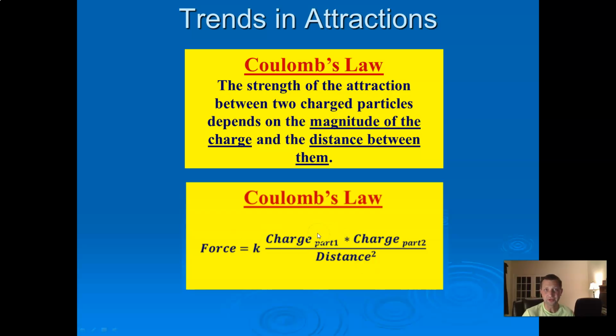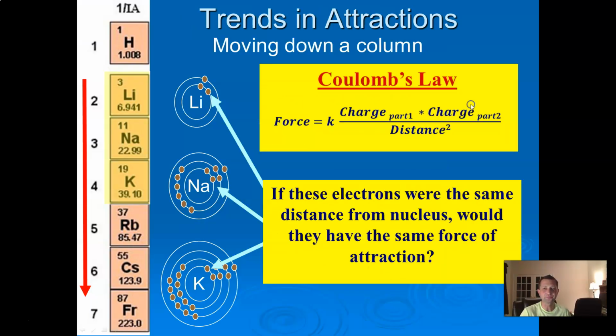If you triple your charge, you're tripling what you have in the numerator. But if you triple your distance, now you're tripling that squared. So it's a factor of 9 that you're changing this force by when it's in the denominator. So it's going to be a much bigger impact when you focus on distance, and I'll try to show you that in the next couple slides.